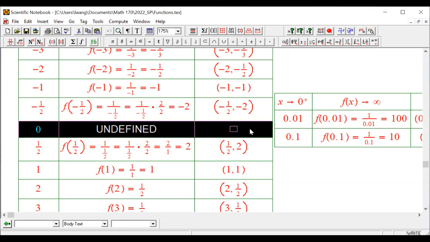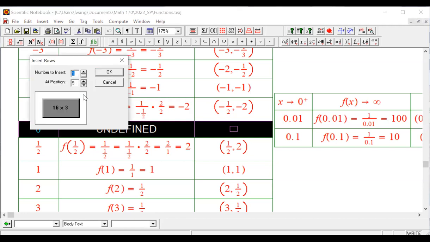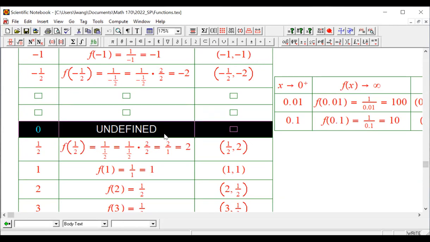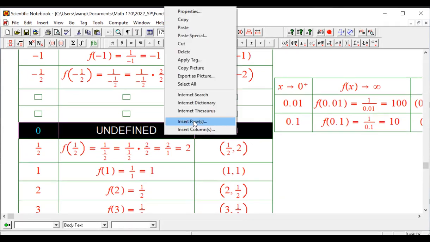It's not defined. But what's going on in the neighborhood of 0?